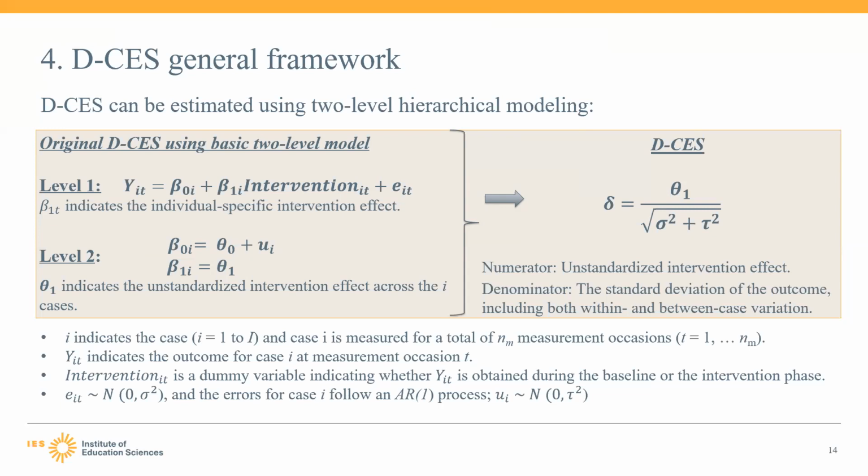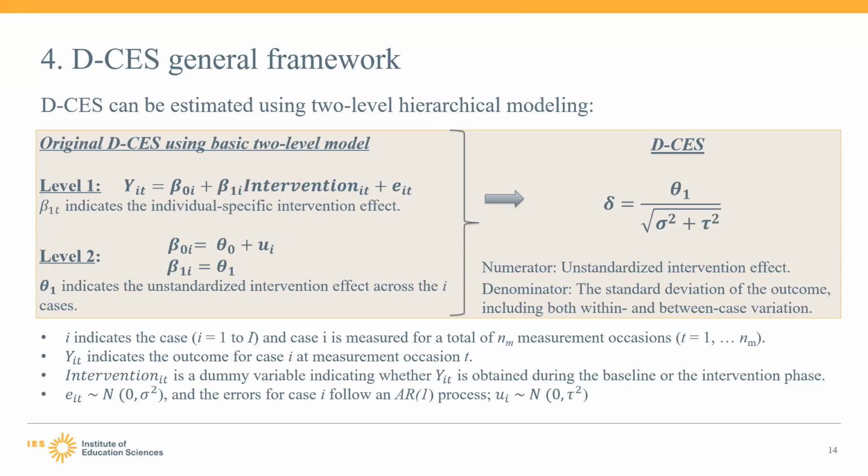In other words, the beta 1s are fixed across cases. They are not allowed to vary. In contrast, the original model assumes that the baseline levels, the beta 0s, vary across cases. For instance, some individuals might have higher baseline levels compared to other individuals.